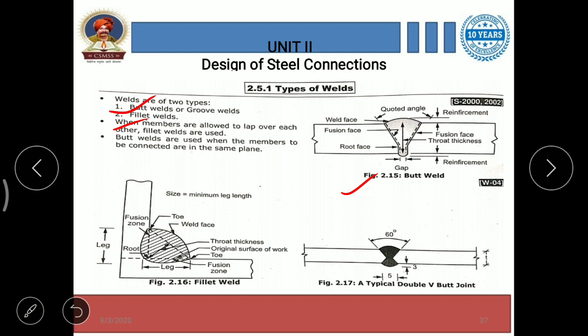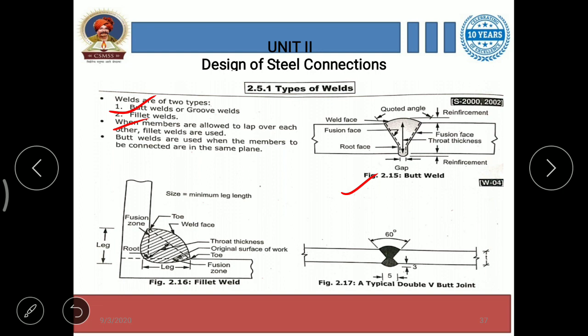First, the gap. Look at this bottom. Here the gap is shown, the gap between two members joined by the welded connection. Then root face, fusion face, weld face, all these terms are here. Then the upper curved portion makes an angle with the horizontal.